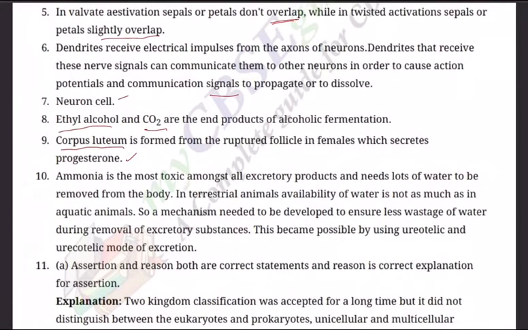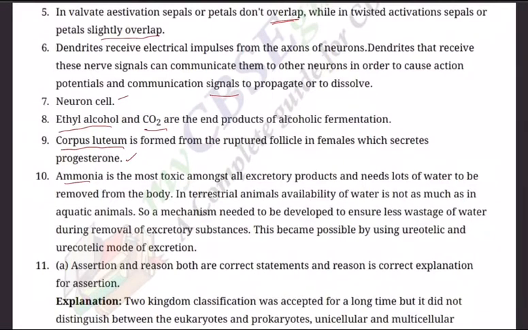Next, question number 10. Terrestrial animals are generally either ureotelic or uricotelic, but not ammonotelic. Why? Ammonia is the most toxic amongst all the excretory products and needs a lot of water to be removed from the body.